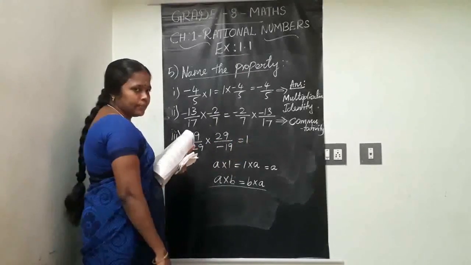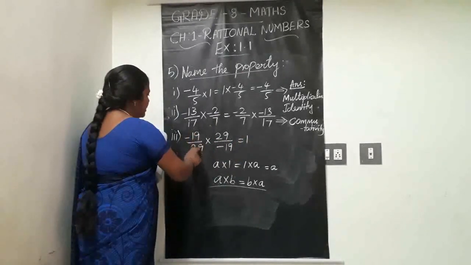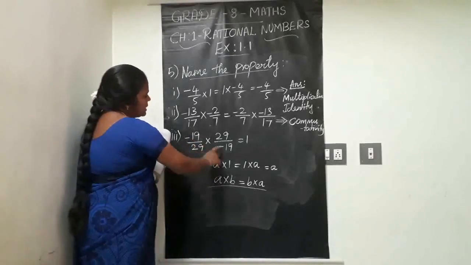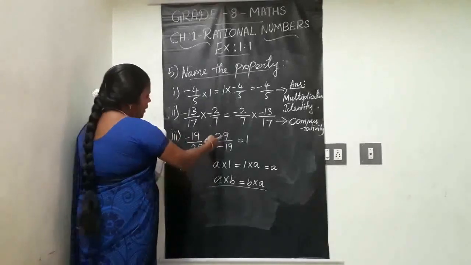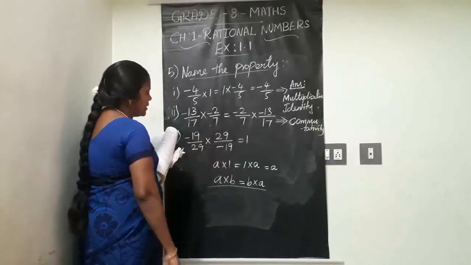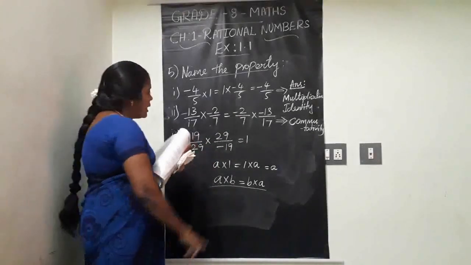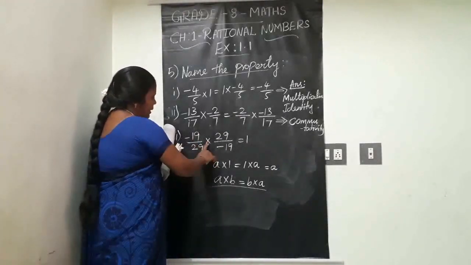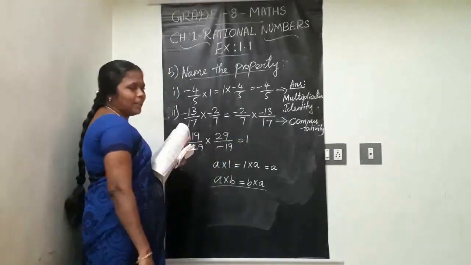Clear? The third question is minus 19 by 29 into 29 by minus 19 is equal to 1. What is there? The first number is minus 19 by 29. See the second number, that is its reciprocal, 29 by minus 19. Both are multiplicative inverses of each other. In the product, the answer is 1. Which property is coming here?